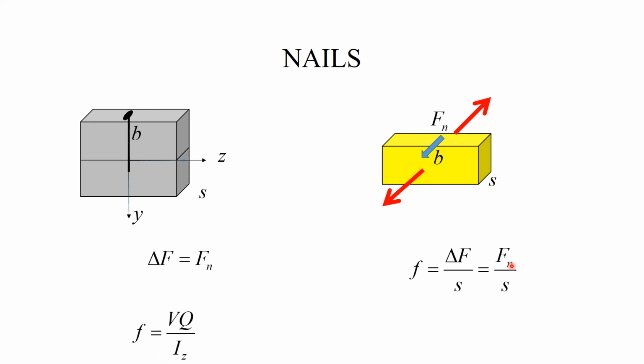Bring back the familiar equation, put together these two to obtain that the force in the nail is equal to VQ over Iz times s. So the larger the spacing, the larger the force carried by the nail. Accordingly, when we record the strengths of nails, we should record the maximum shear force the nails can sustain.